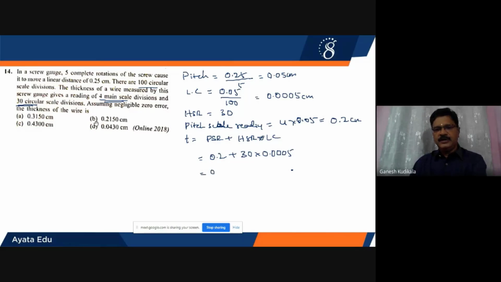On multiplying, 30 into 5 is 150, and the decimal will be placed after 4 numbers, 1 2 3 4. So on adding 0.2, we get 0.2150 centimeters, the thickness obtained. Therefore option will be B.